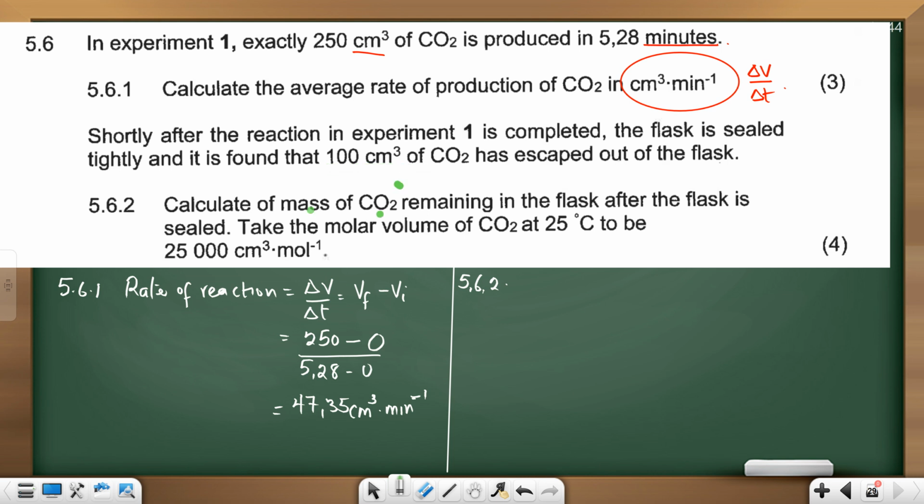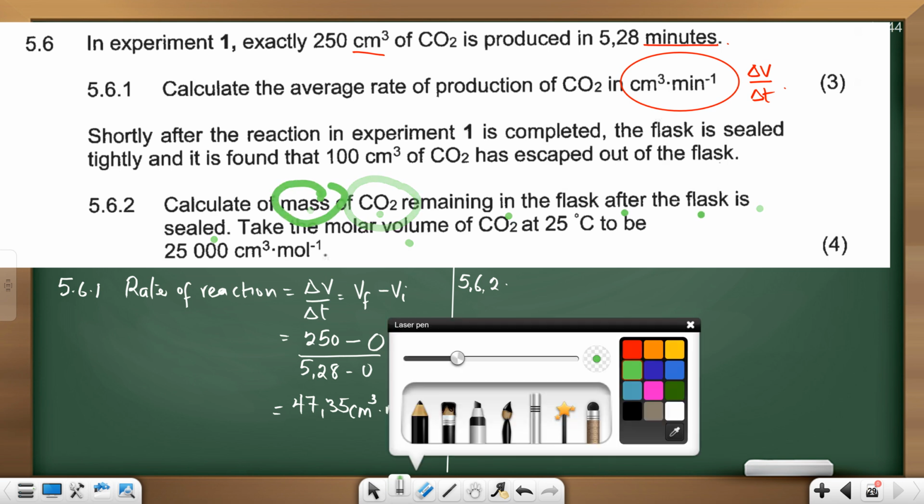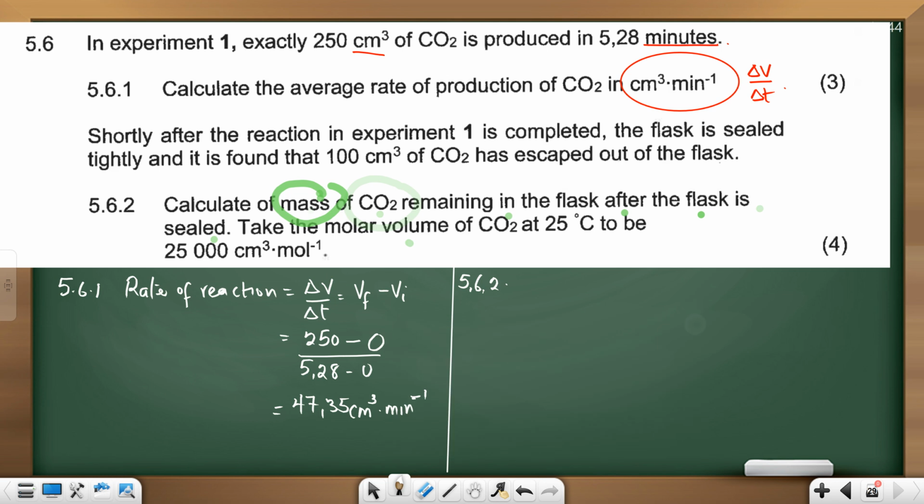Calculate the mass of CO2 remaining in the flask after the flask is sealed. All right. Take the molar volume. Now, we are looking for what? Mass. Take note of that. Mass of CO2. Let's use this page as a rough page.